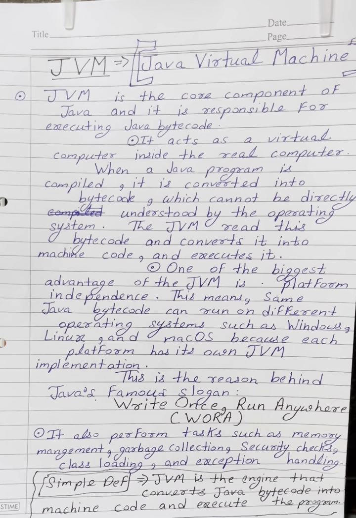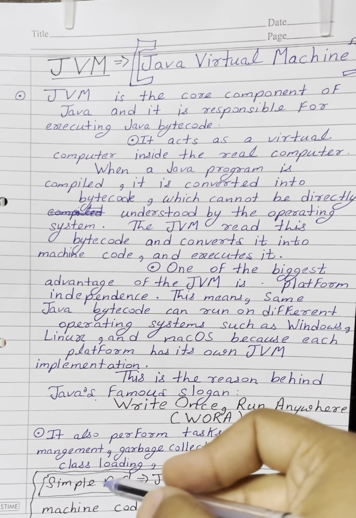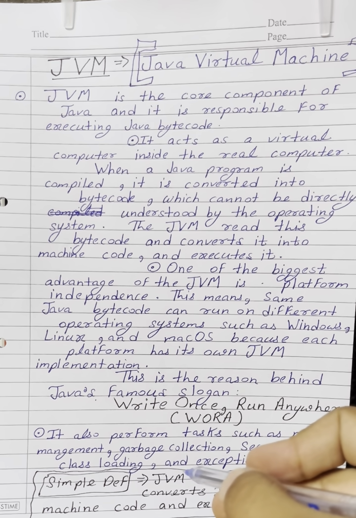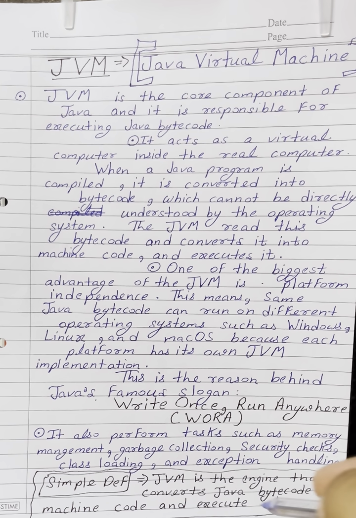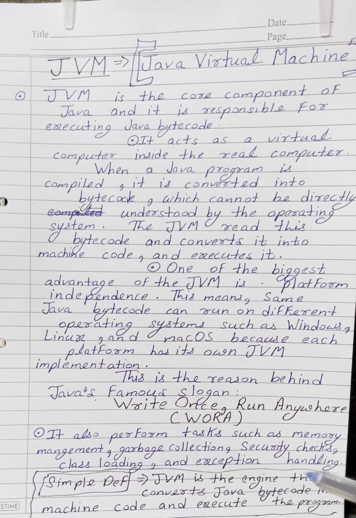You do not need to rewrite the program again. This is possible because of the JVM. So in the end, you can see the simple definition of JVM. You can say that it is the engine that converts Java bytecode into machine code and executes the program.